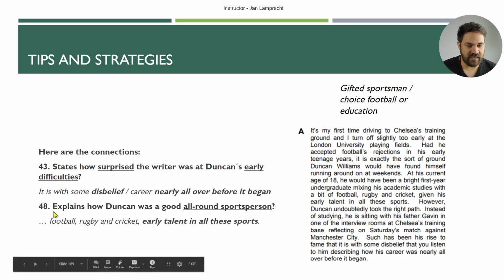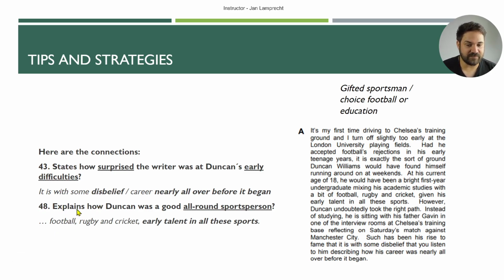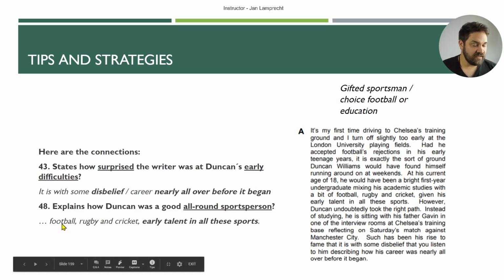And in 48, the question explains how Duncan was a good all-round sportsman. Where's the connection? Remember, gifted sportsman. The exact connection in the text would be football, rugby, and cricket. Early talent in all these sports.